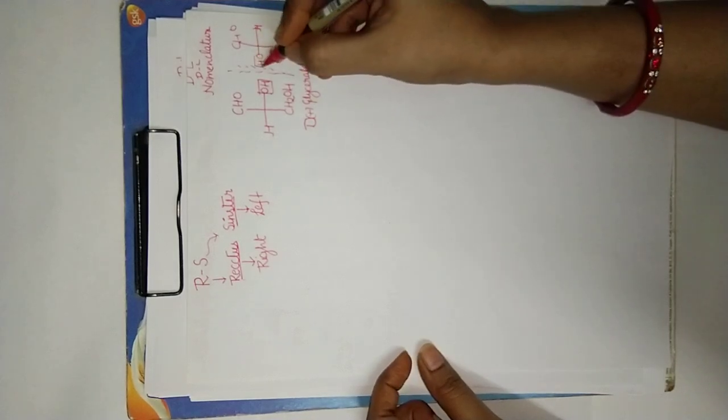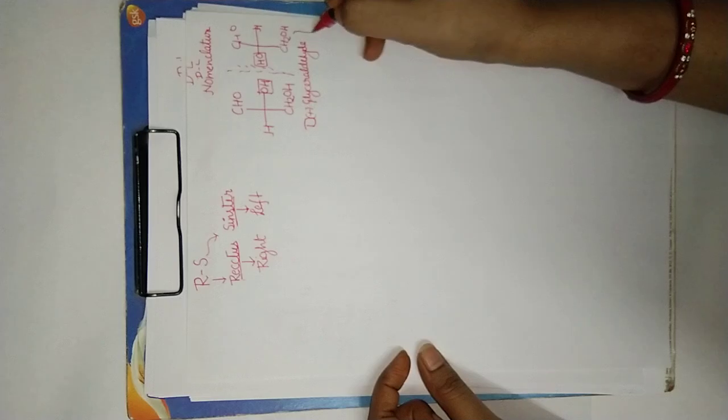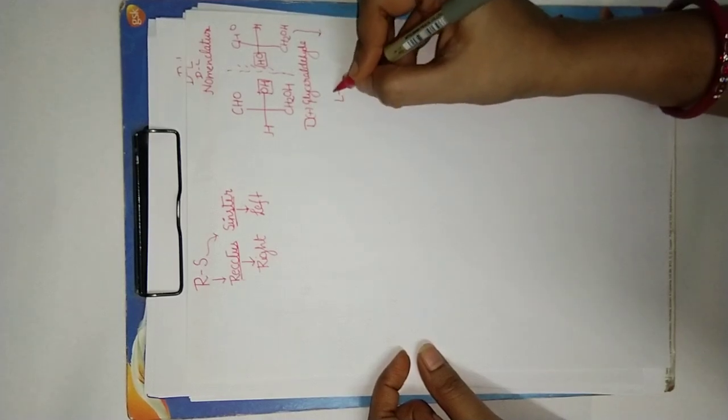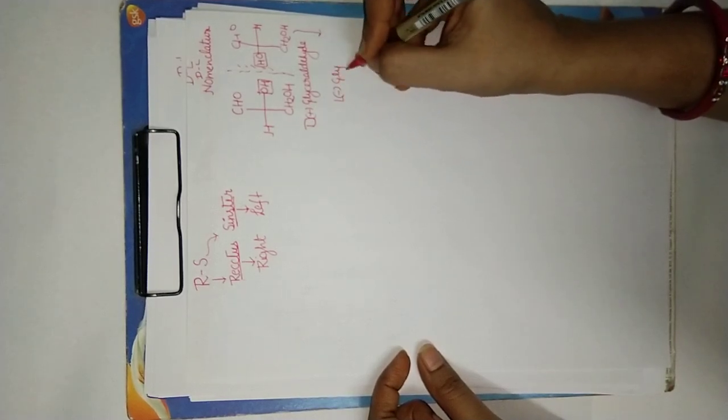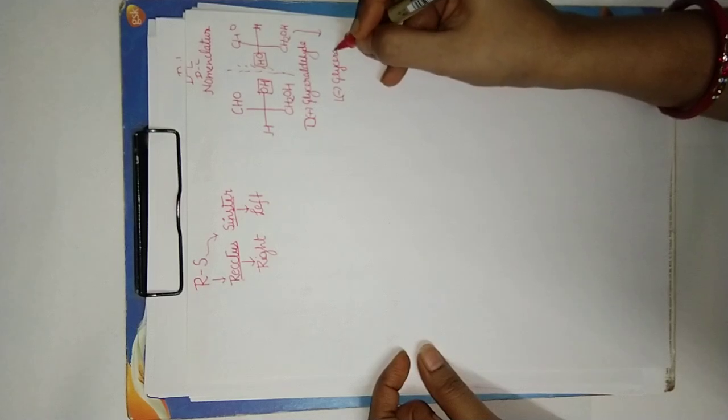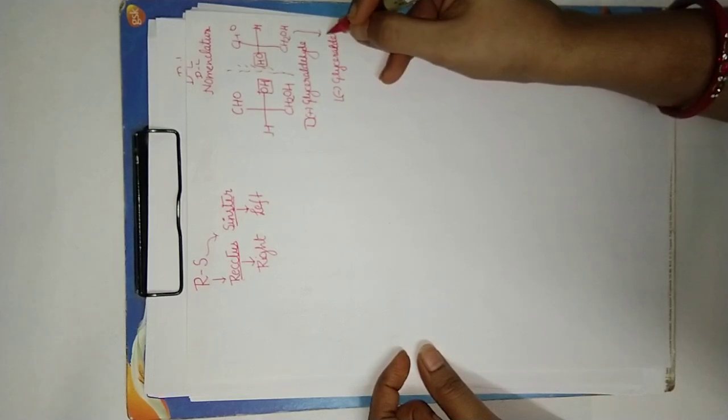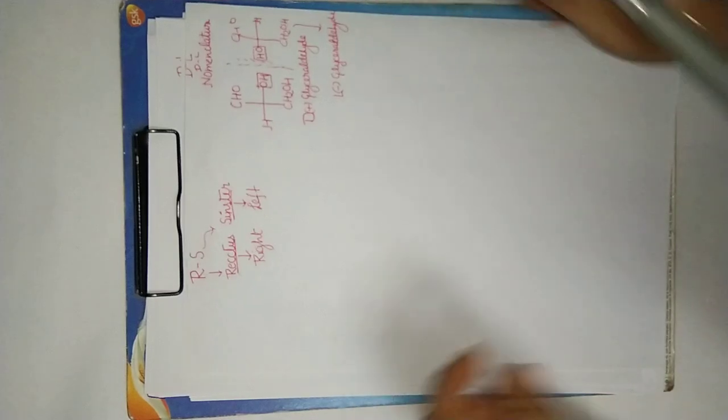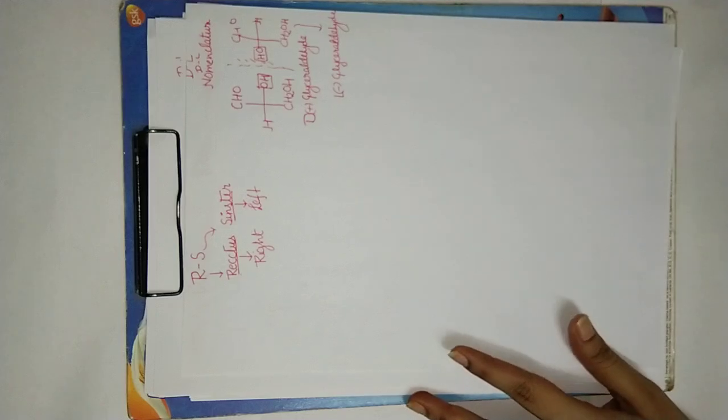And if the OH group is on the left side of this compound, this is known as L-glyceraldehyde. And this nomenclature has many limitations.